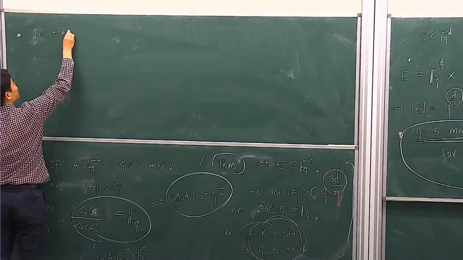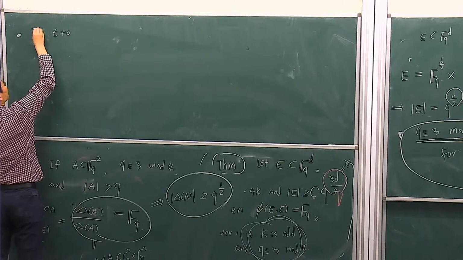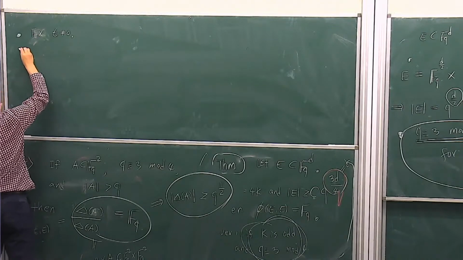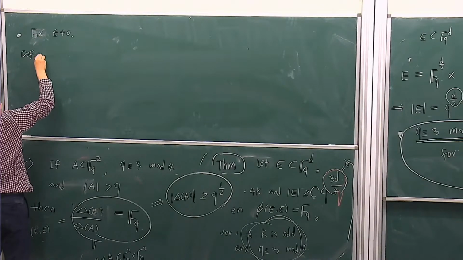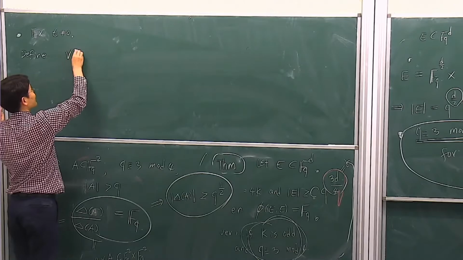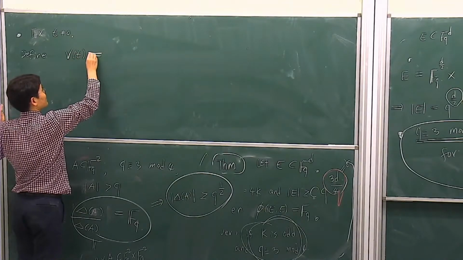Distance T, fixed T. Define the counting function. What is VT?